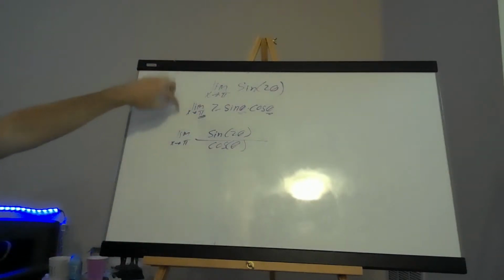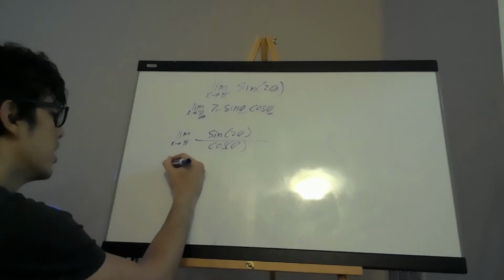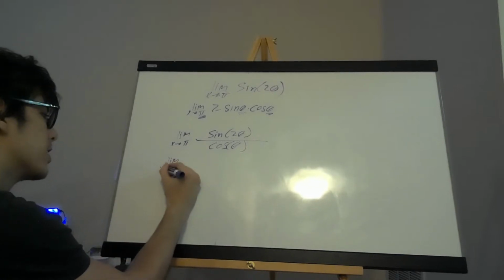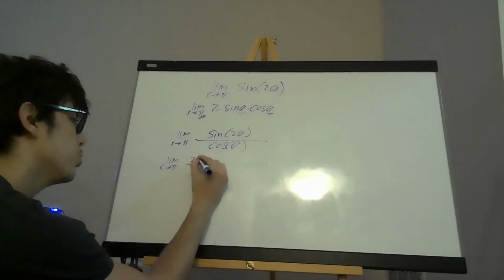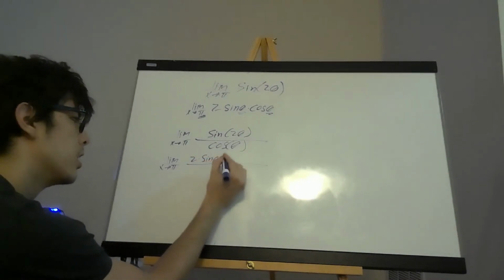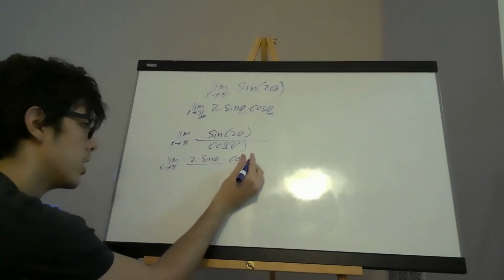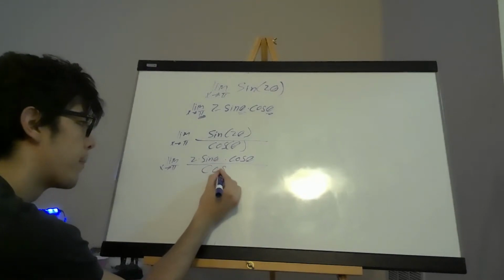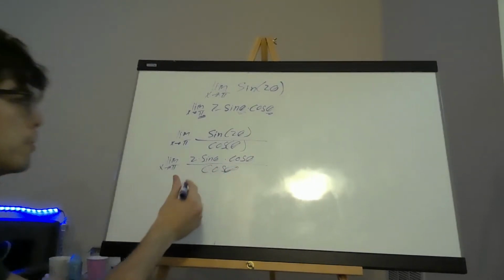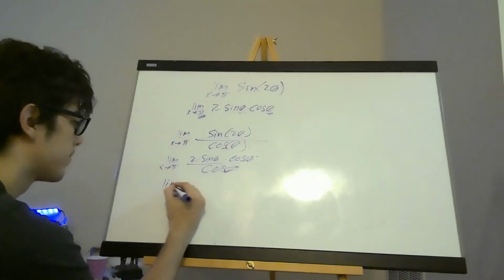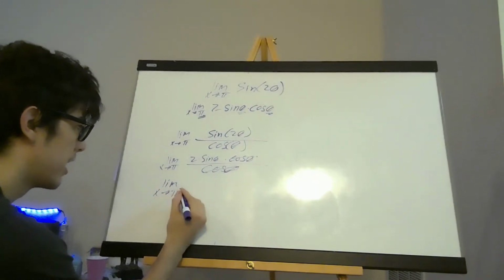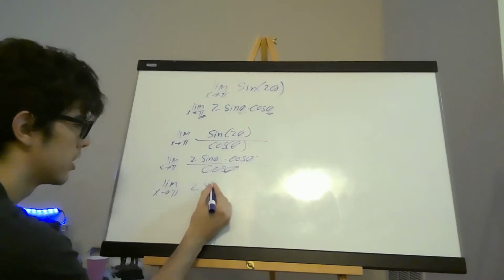The reason knowing this type of thing would be important in this situation is so you can go like this. Okay, so that's the limit as x approaches pi. I know that sine of 2 theta is equal to 2 times sine theta times cosine theta. And now we've got a product on the top and a term on the bottom that we could cancel. So that would give us the limit as x approaches pi for 2 sine theta.